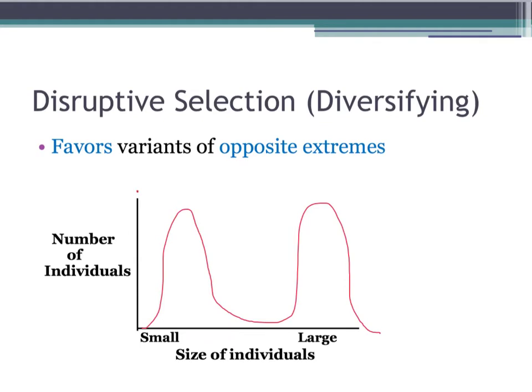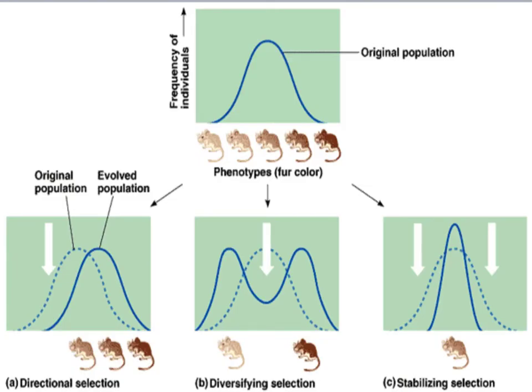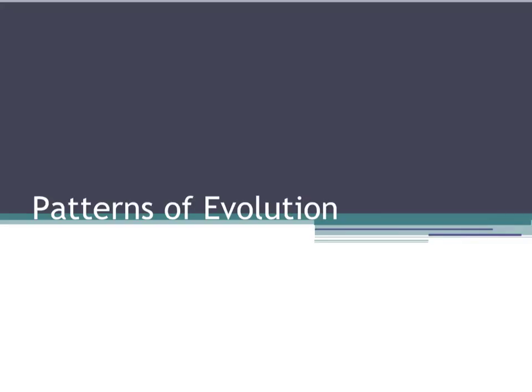There would be nothing here in the middle, right? The third graders are only going to be so tall. The basketball players are only going to be so tall. So it's going to be disruptive selection. There's going to really be nothing in the middle. Here you see some more examples of the graph used for rats.